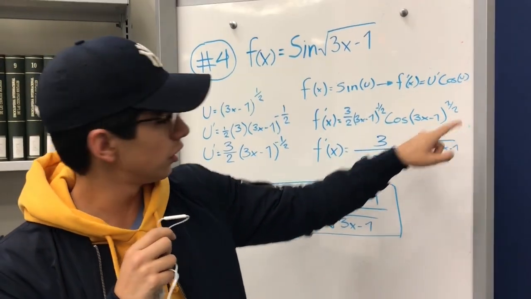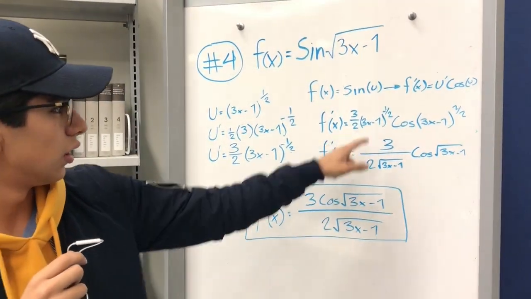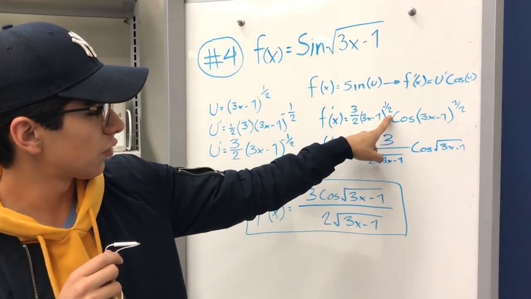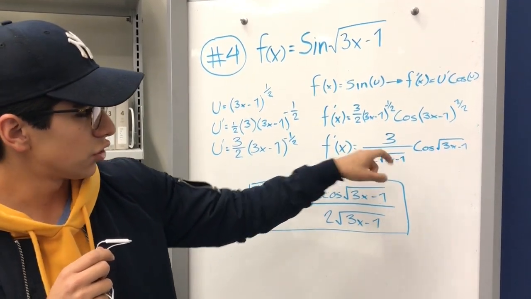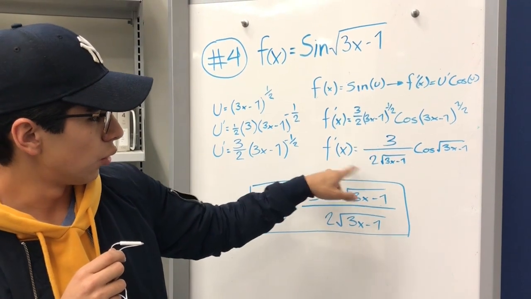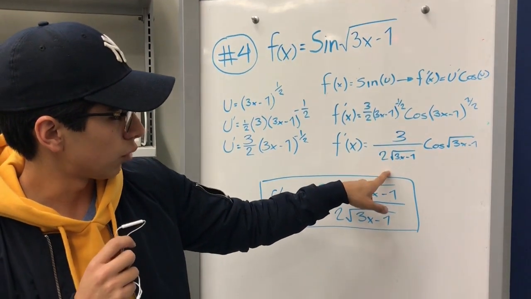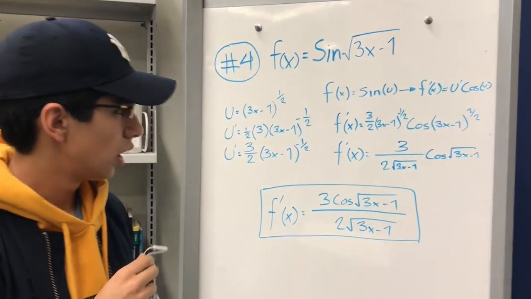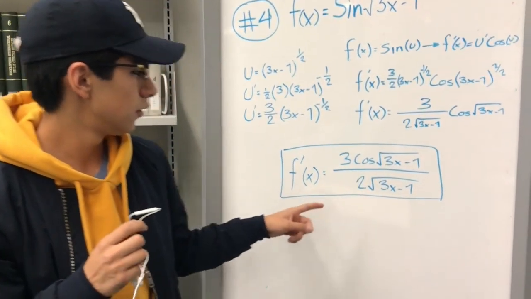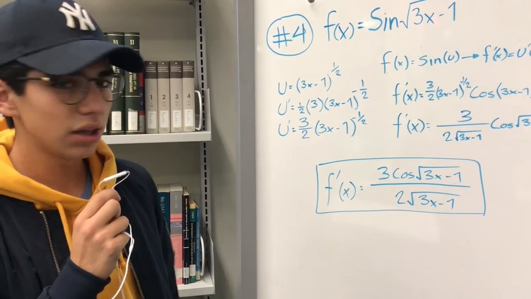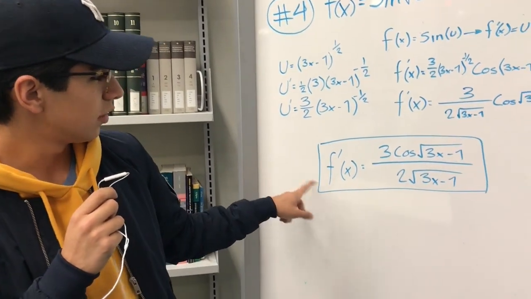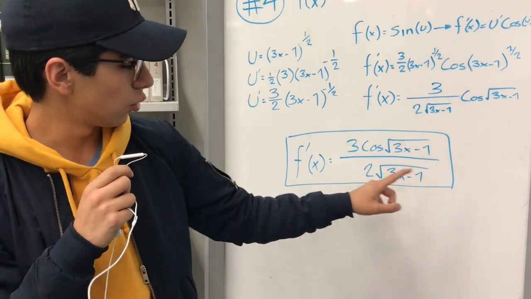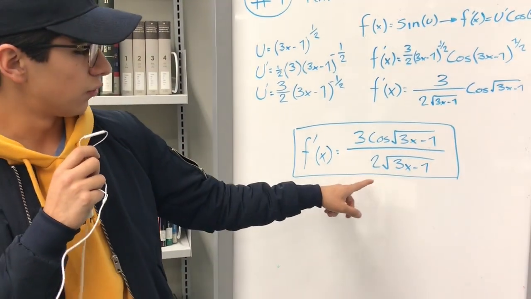Then we convert the negative 1 half exponent to a fraction, and we have 3 over 2 square root of 3x minus 1, times cos of the square root of 3x minus 1. We multiply, and that gives us our final answer, f prime of x equals 3 cos of the square root of 3x minus 1 over 2 square root of 3x minus 1.